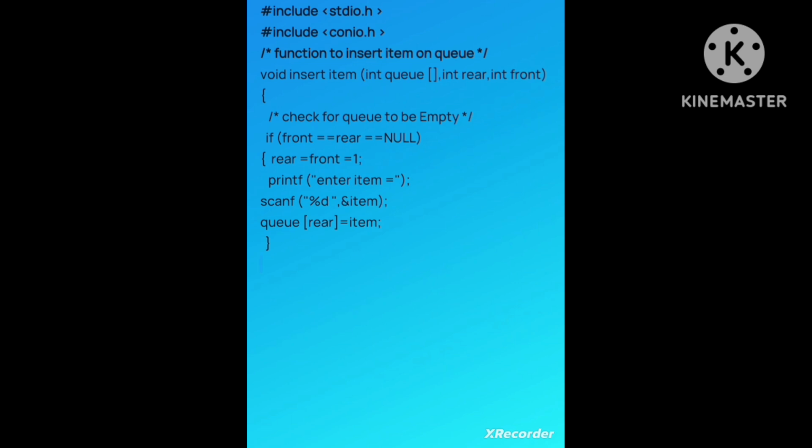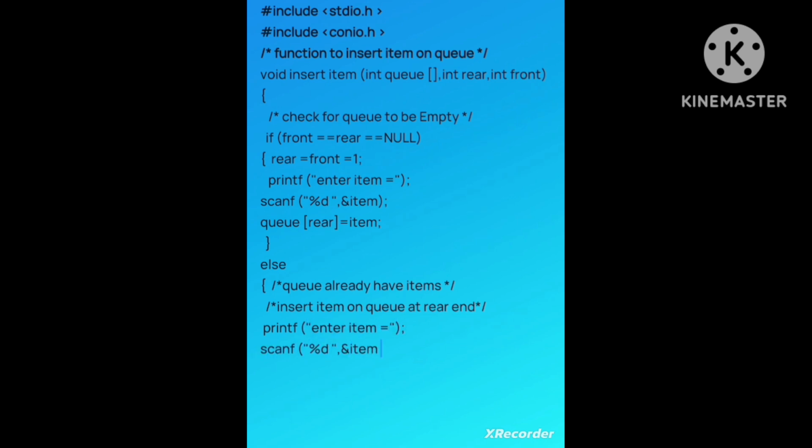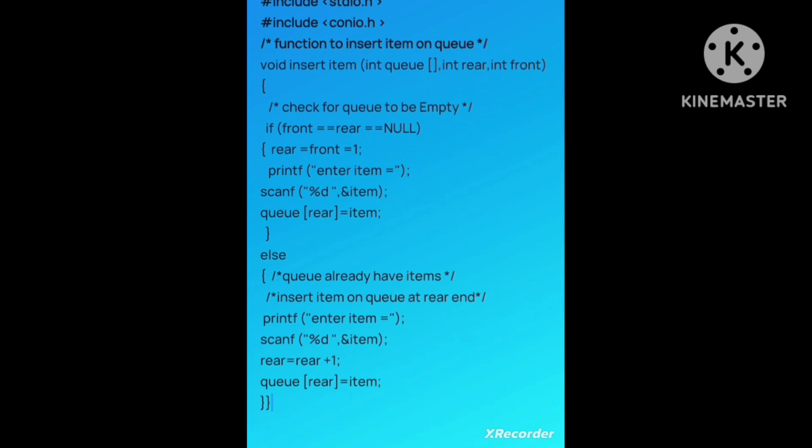Now what will happen if our queue is not empty? Then we will come to the else part. In the else part, we will first print and scan the item to be inserted onto the queue, then we will increment only the rear pointer or rear end of the queue, and then we will insert the item on the rear end of the queue as shown, and the function is repeated till the terminating condition is satisfied.